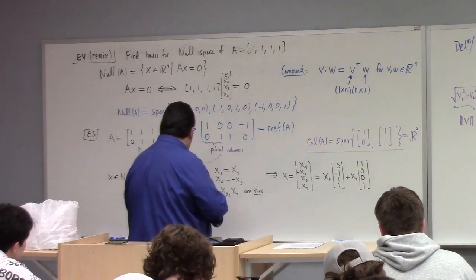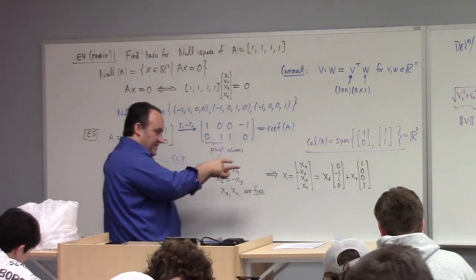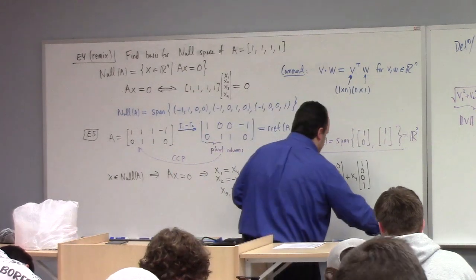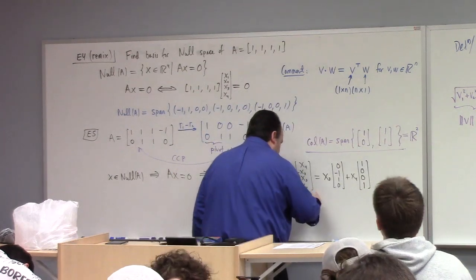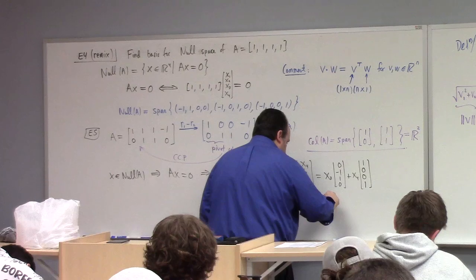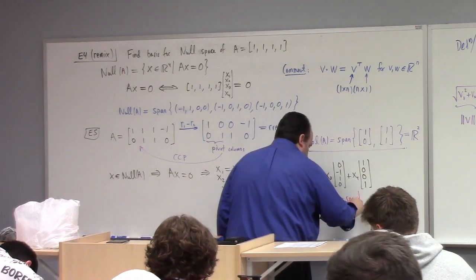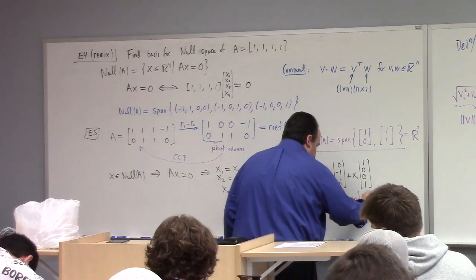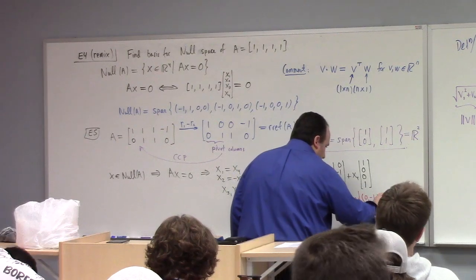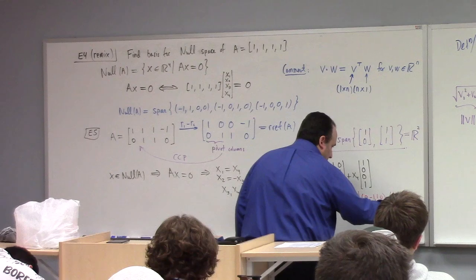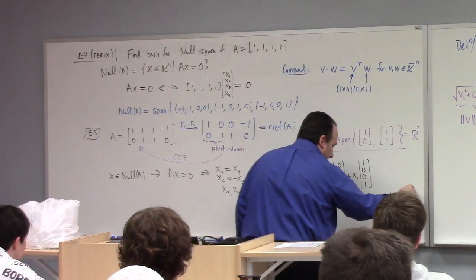So this all tells me that the vectors I just found, we can use these as a basis for the null space. So the null space is, in fact, the span of these vectors, (0, minus 1, 1, 0) and (1, 0, 0, 1).